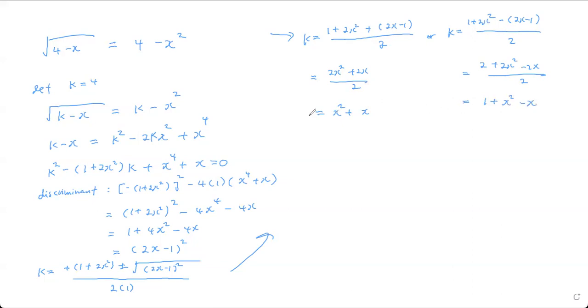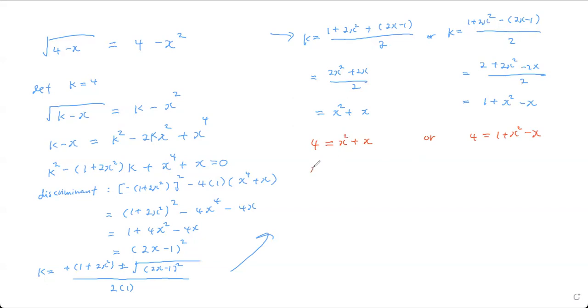Okay, so keep in mind that this is k, right? So remember, our k is equal to 4. So I'm going to bring back k equals 4. Okay, and our equation would become 4 equals x squared plus x, or 4 equals 1 plus x squared minus x.